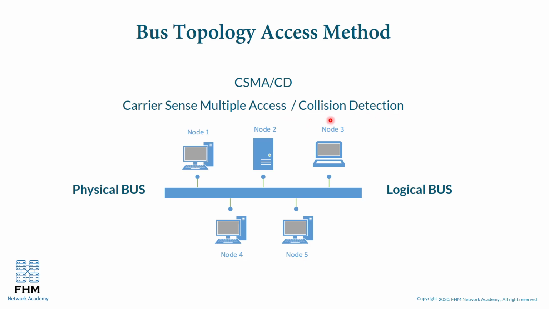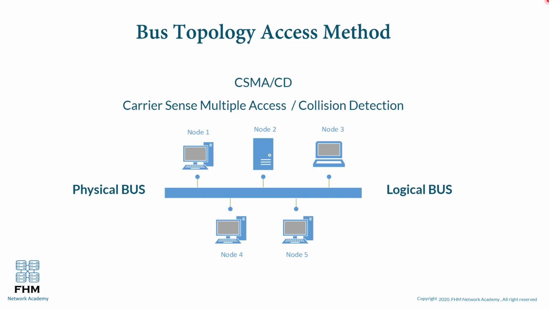To understand the access method of bus topology, we need to consider the characteristics of this topology. As you know, the physical topology and logical topology in bus are equal. Bus topology is a kind of topology in which the physical layout and the logical procedure to access the media are equal.